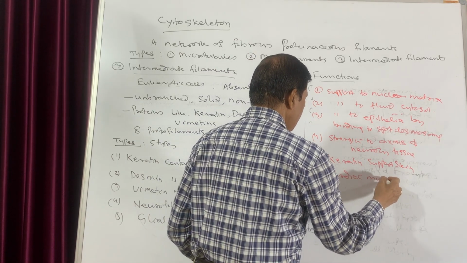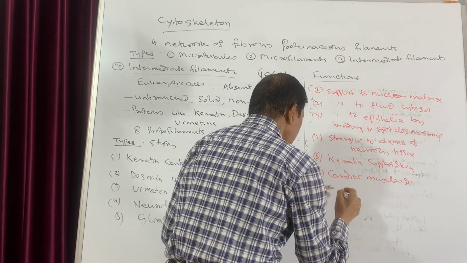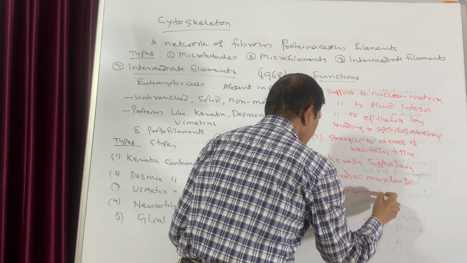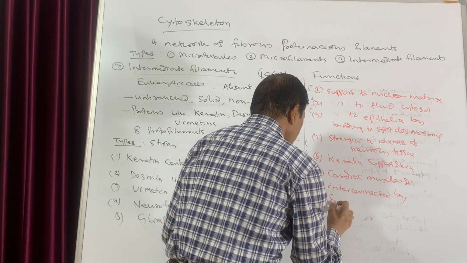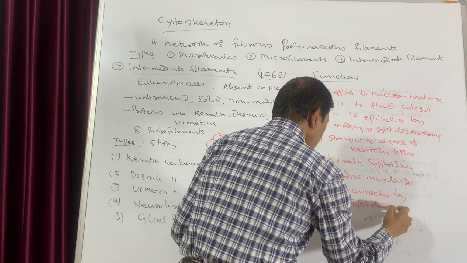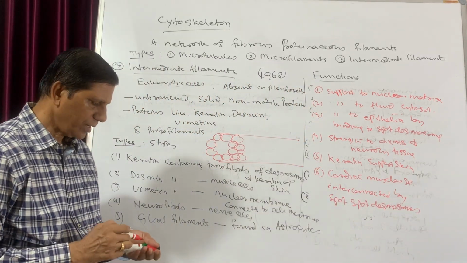The cardiac muscles are interconnected by spot desmosomes, which are made up of intermediate filaments.